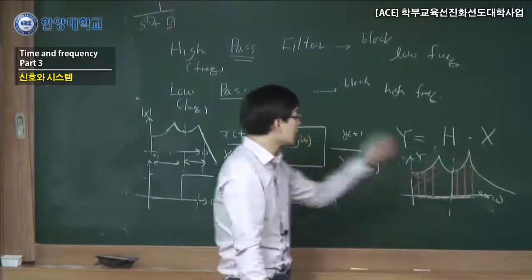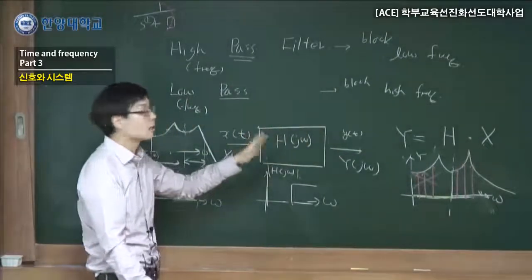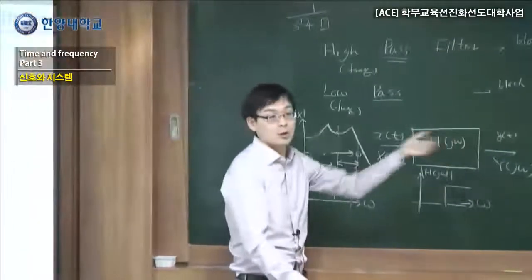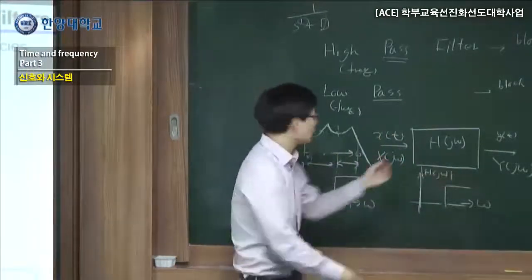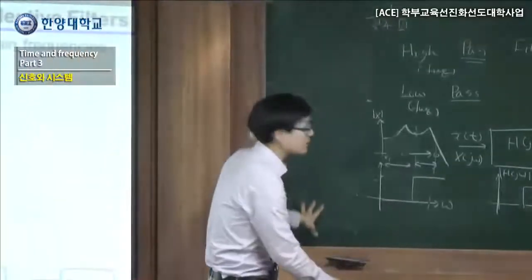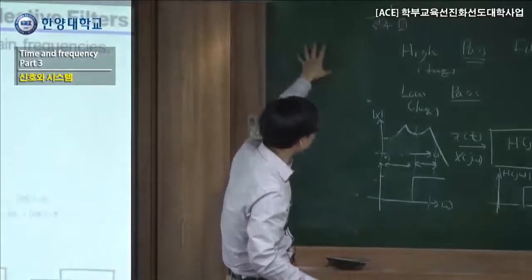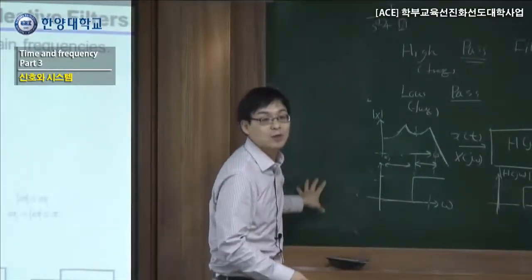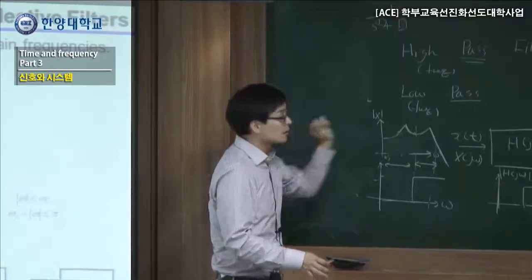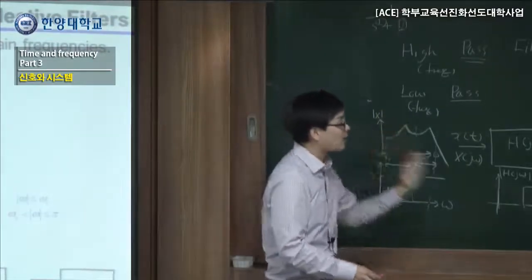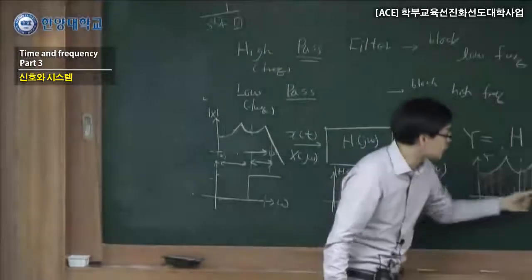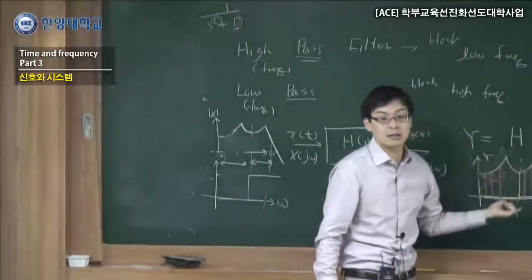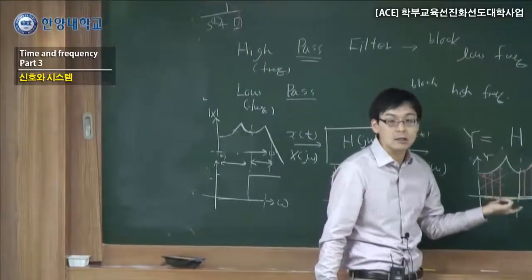That means this system decides which one to pass, which one does not pass. So among those many signals, a summation of many different frequencies, only signals having frequency higher than a certain value pass. That's the meaning of a high pass filter, right?